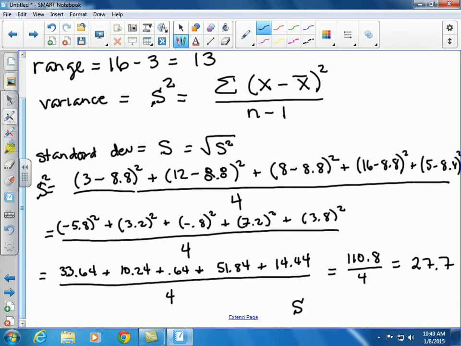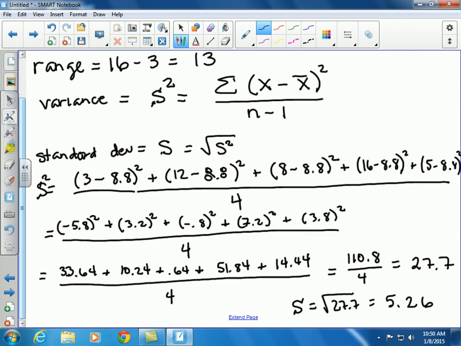If you take the standard deviation, which is the square root of 27.7, you get 5.26, rounding to 2 decimal places, because our data had 2 significant digits.